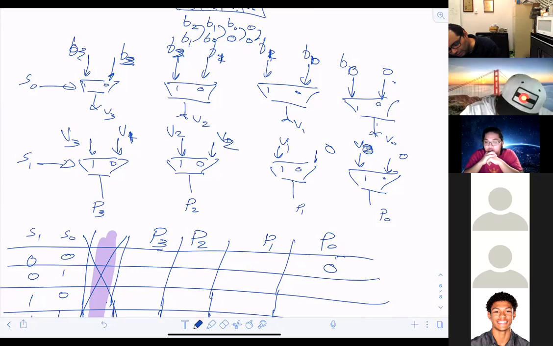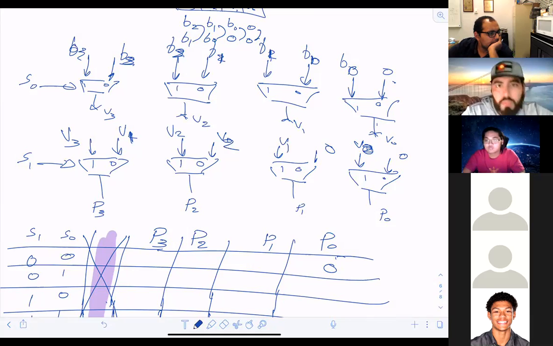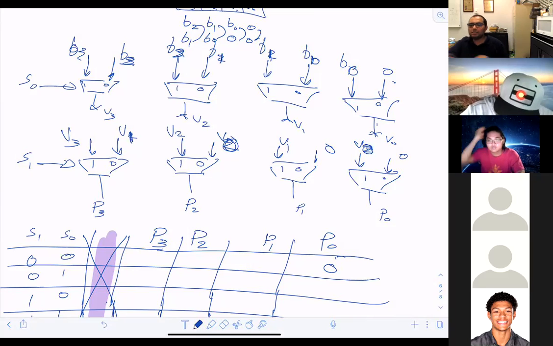Then you know what? 0 V0, 0 V1, V2. Let's see. 0 V0, 0 V1. Then V0, V2. Then V0, V2, V1, V3. Yes.